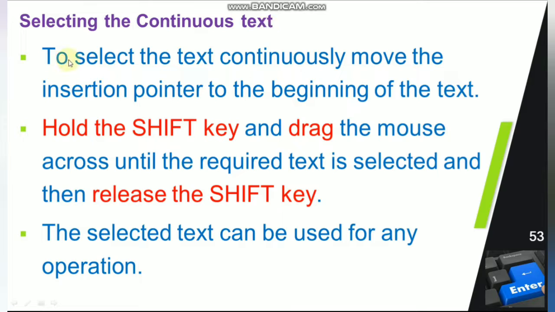So what you should do to select the text continuously is move your insertion pointer to the beginning of the text, hold your shift key and drag the mouse until the required text is selected. Starting from the first line, you move your insertion point. If you click here, then press and hold your shift key on your keyboard, and then drag your mouse.